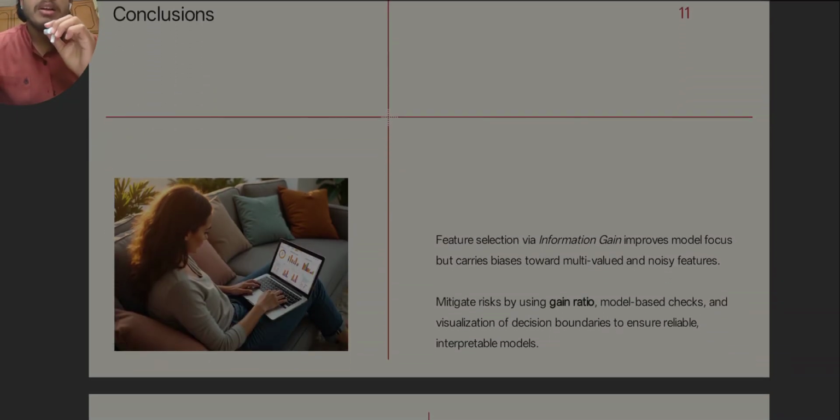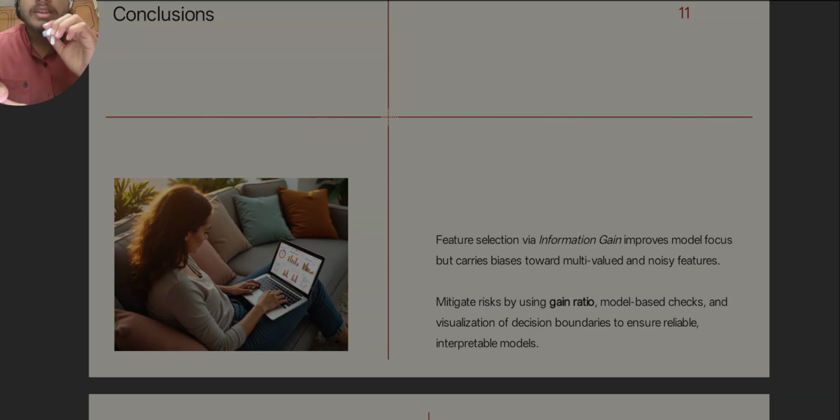Conclusion. In machine learning, information gain serves as a fundamental technique for feature selection by measuring how effectively a feature reduces uncertainty using entropy. It helps to identify the most informative attributes, enabling models, especially decision trees, to make accurate and meaningful splits. Throughout the process, information gain plays a key role in shaping decision boundaries, leading to simpler and more interpretable models when relevant features are selected.